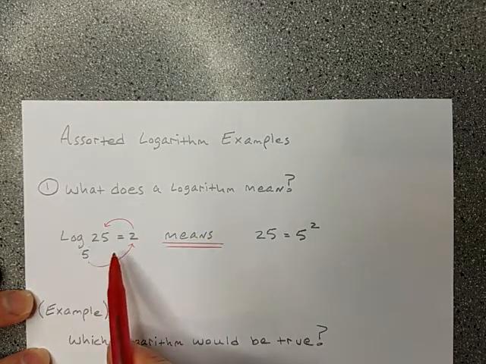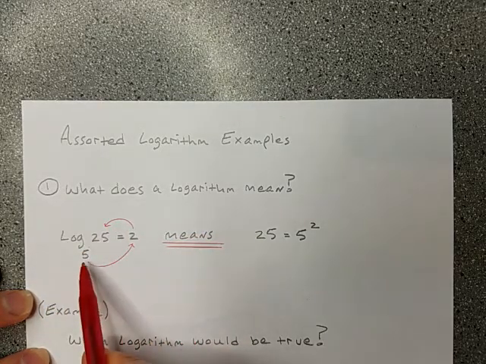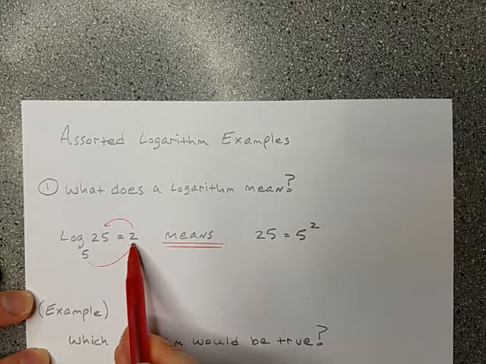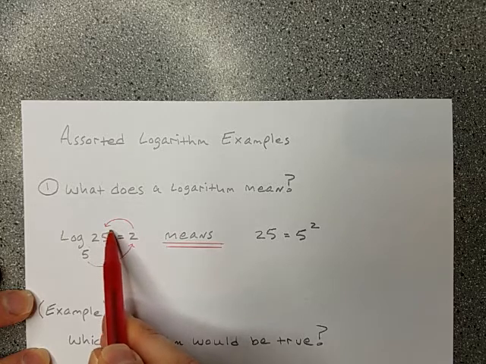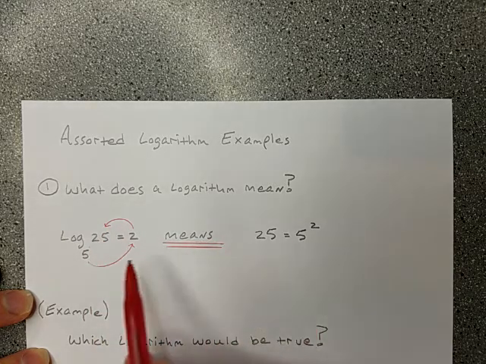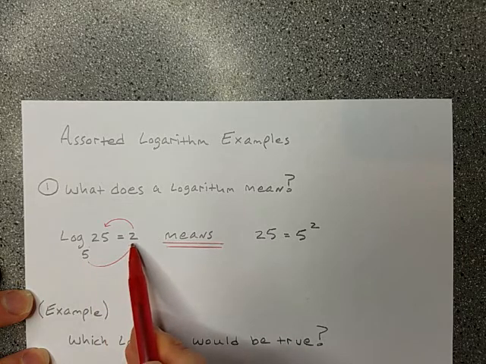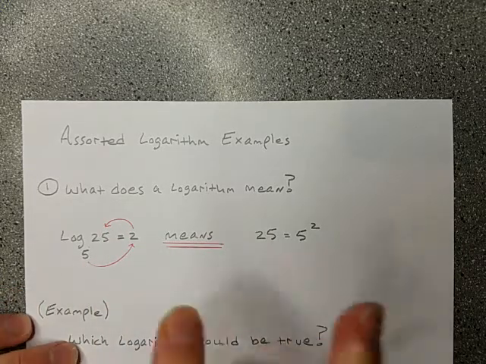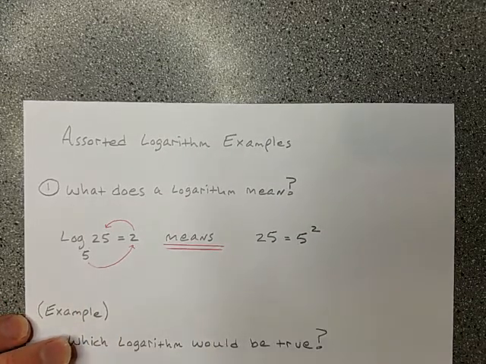What a logarithm means is this base number, if it were raised to that power right there, would give you this third number right here. See, and that's what I wrote over here. I say 5 raised to the second power is equal to 25. And that's true. So these mean the same thing.